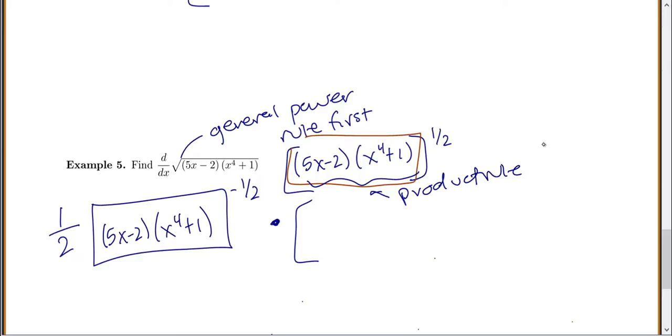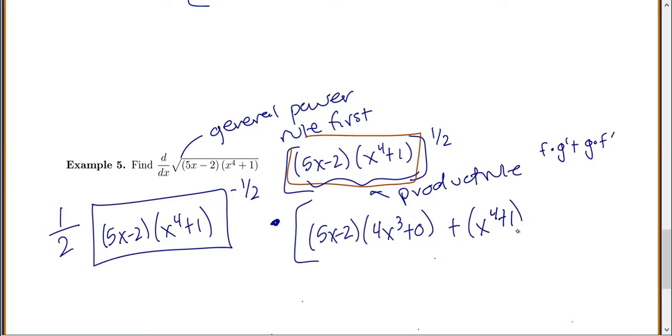Okay, and the product rule says we'll do f times g prime plus g times f prime. So let's try this out. So f is our first one. So 5x minus 2, you keep it the same, times derivative of g, derivative of the second one, which is 4x cubed plus 0, plus, keep your second one the same, x to the 4th plus 1, times the derivative of your first one.